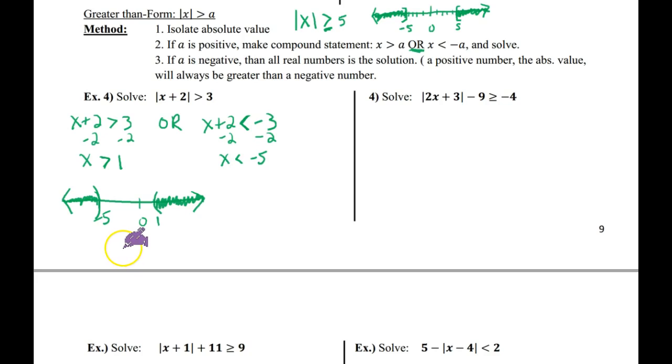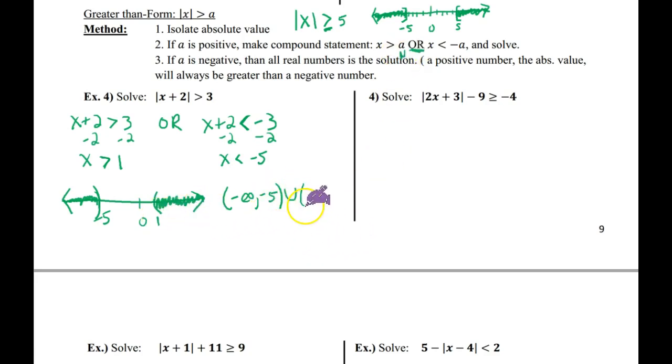If I want to write this in interval notation, I start from left to right of my graph. So this is going down forever. I'm starting at negative infinity, going up to negative 5. Union, remember OR is another word for our union statement.